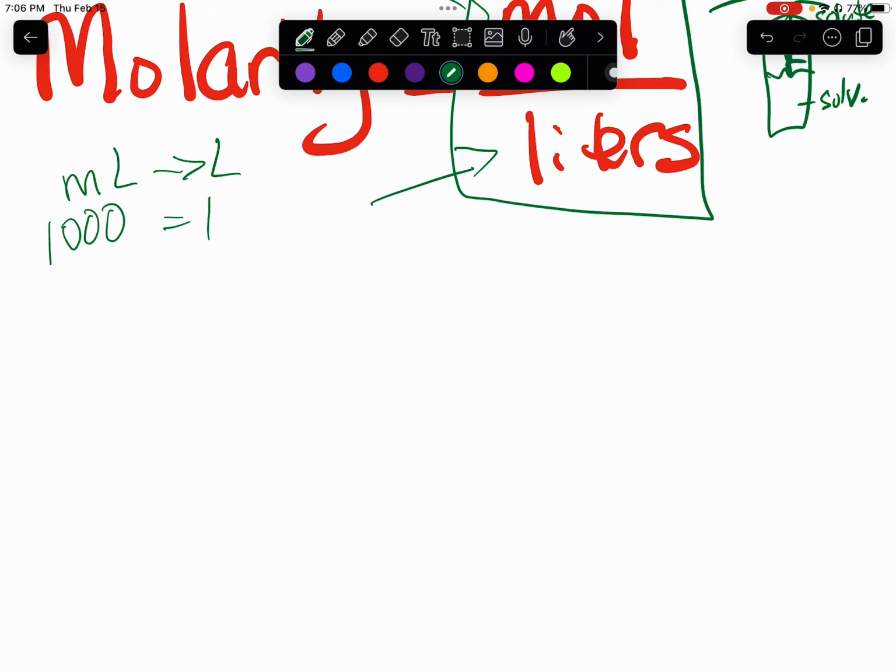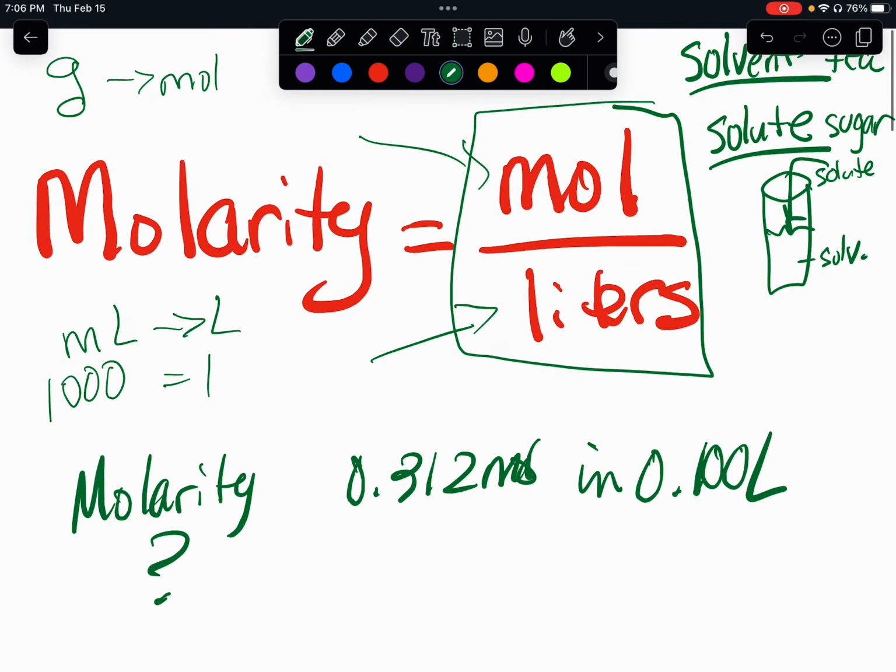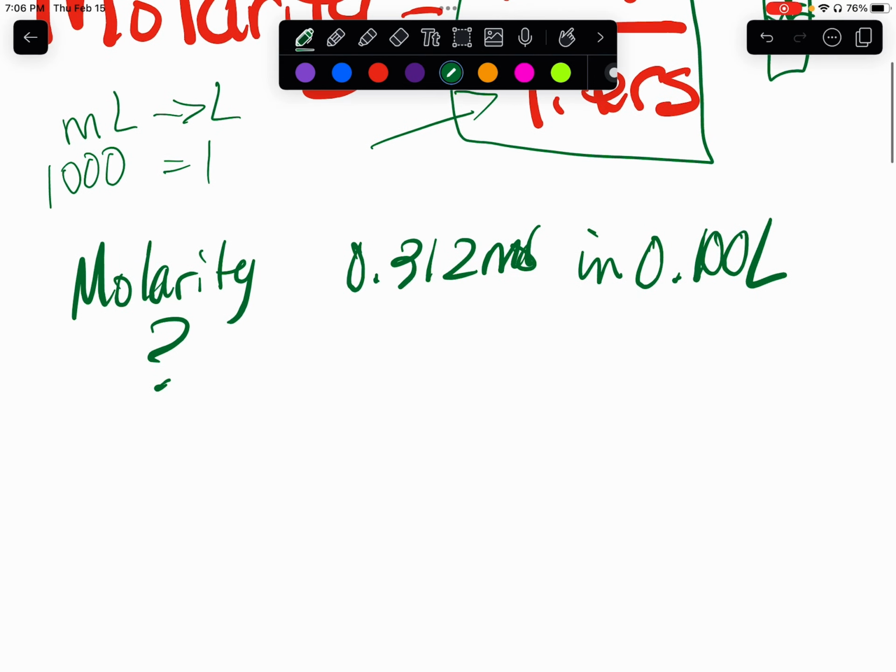So what if they ask you to find the molarity? What is the molarity when you have 0.312 moles in 0.1 liters? Well, if you look at this equation, it's just moles divided by liters. That's literally what you do.